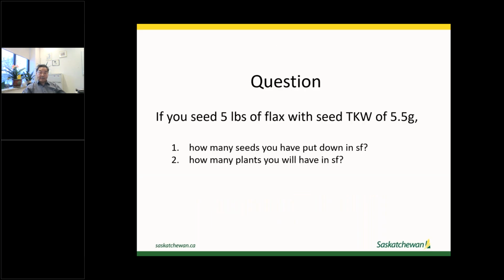Now, I was asked: if I seed 5.5 pounds of flax with seeds of TKW of 5.5 grams, how many seeds have I put down per square foot? And the second question, how many plants would I have in that square foot? To answer this, we basically reverse that calculation process.